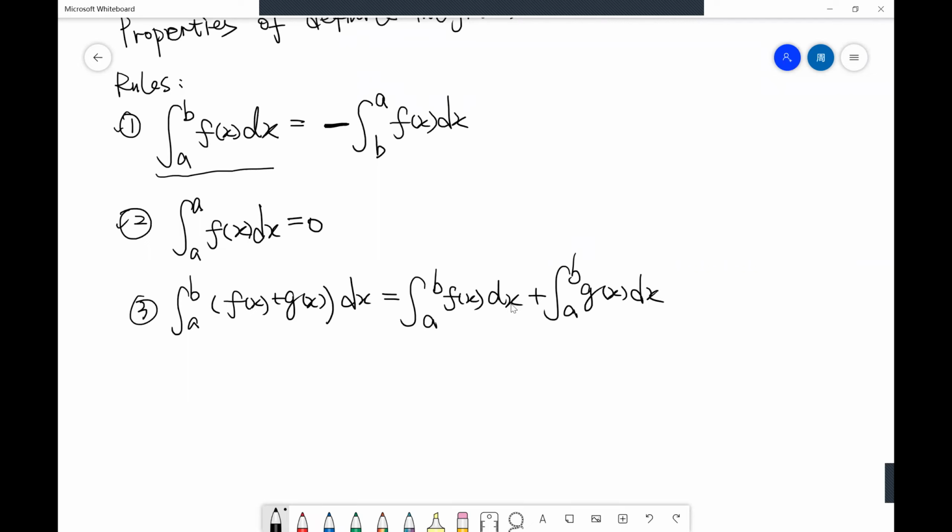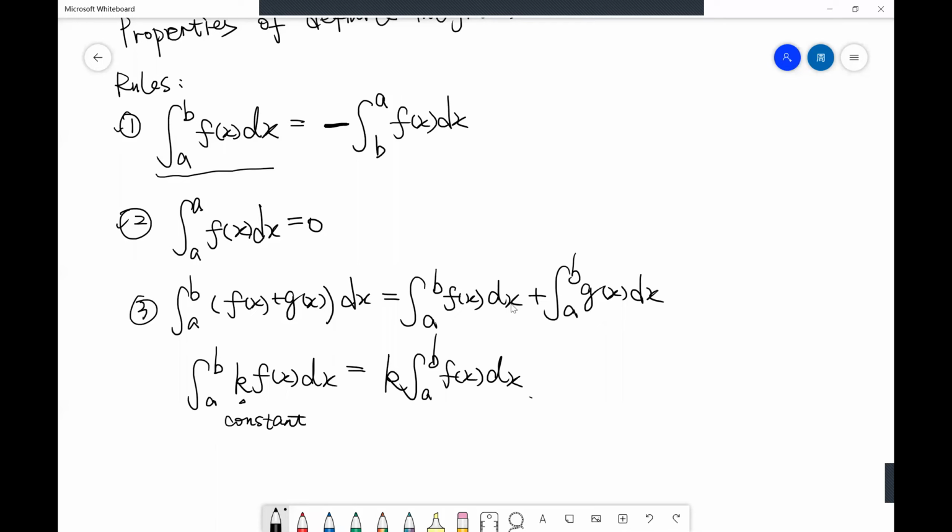And also, if that is from A to B, k times f(x) dx, here k is a constant, we can take the constant out. So that equals k times from A to B, f(x) dx. So the definite integral also follows the sum rule and product rule.